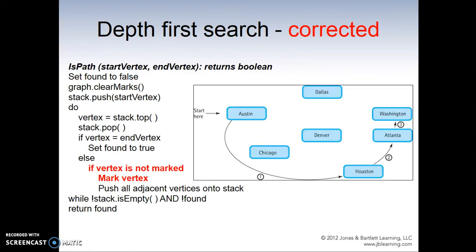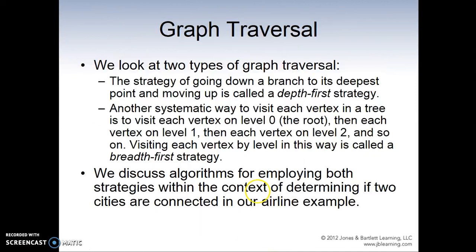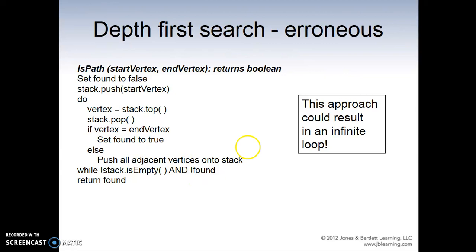But the problem here is that the adjacent to Atlanta is not just Washington, but also Houston, right? It seems like we have to go back, and if we don't mark it, Houston is already visited. You see, we forgot to mark. It's going to go back and visit Houston again and again.